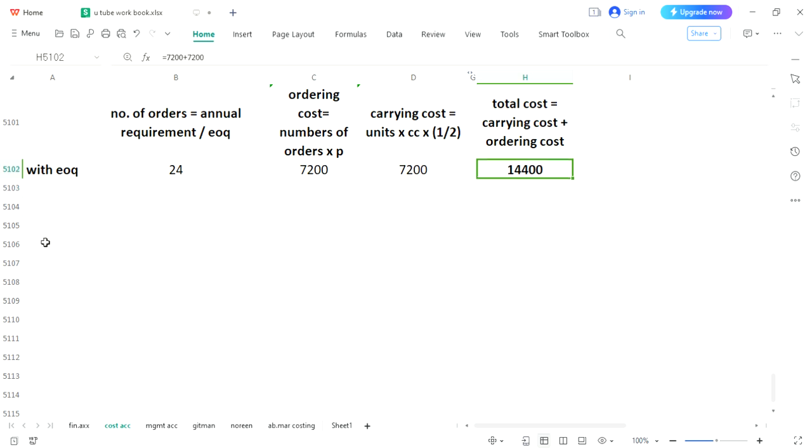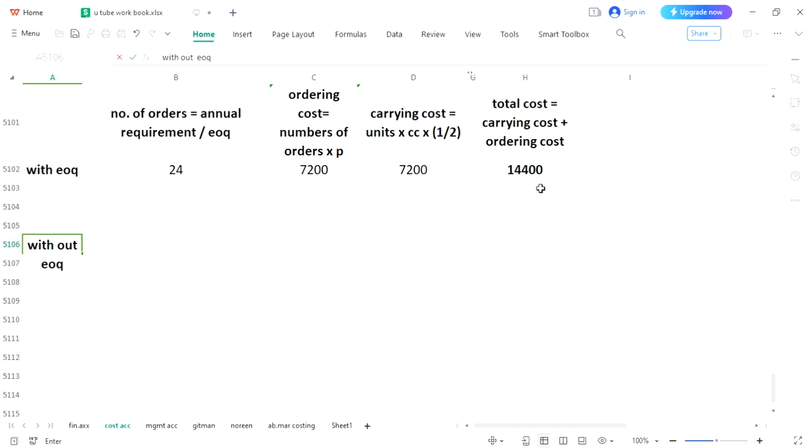Next step is to see what you will do without economic order quantity. Again we will calculate ordering and carrying cost in the absence of economic order quantity. Now our plan is to prove that in this way we can get maximum saving.